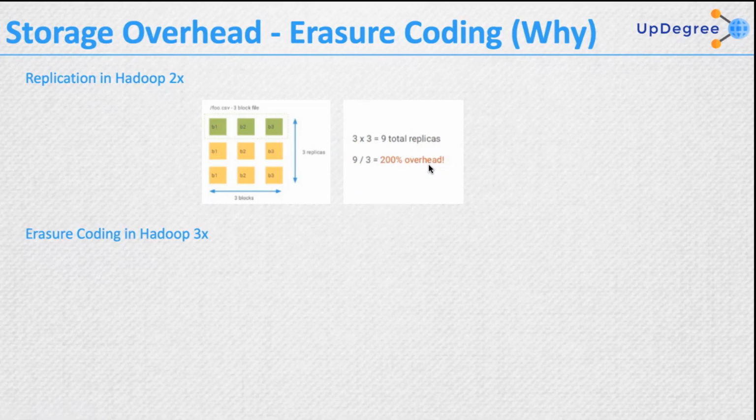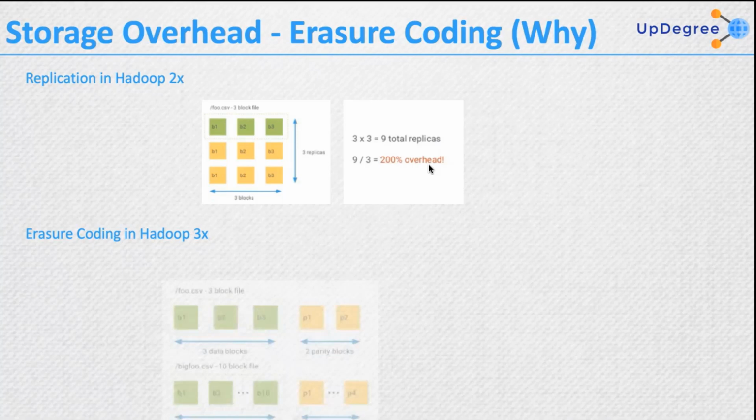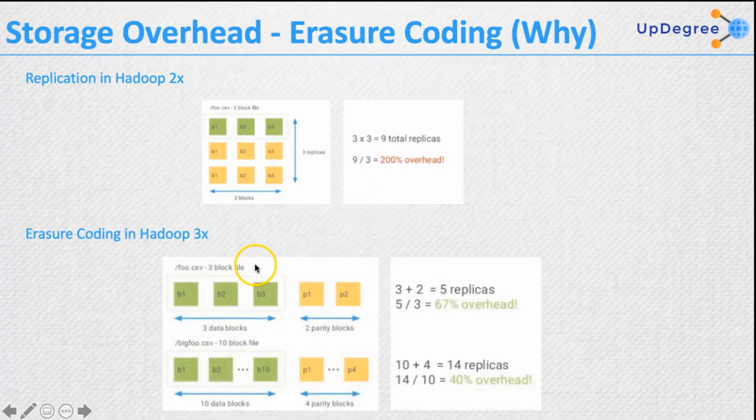Let's see how erasure coding reduces these efforts. In erasure coding, you can see we have 3 blocks with 2 parity, and here we have 10 blocks with 4 parity. But how do we decide how many blocks we need and how many parity blocks we need? You don't have to decide.